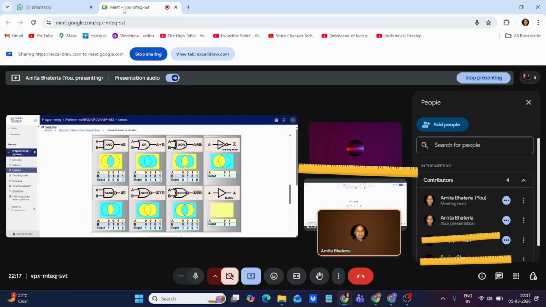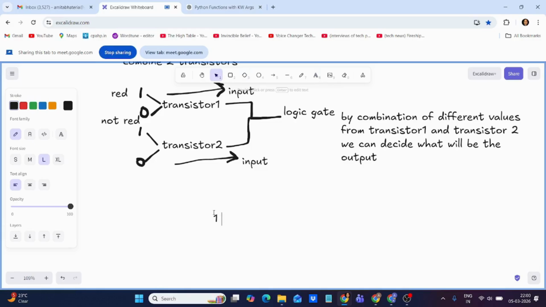Right, so we did this on the whiteboard. Can you see the whiteboard? If it is 1 and 1, what will be the output? Red means the output will be 1 again, right? And if one of the inputs is 1 and the other input is 0, what will be the output?